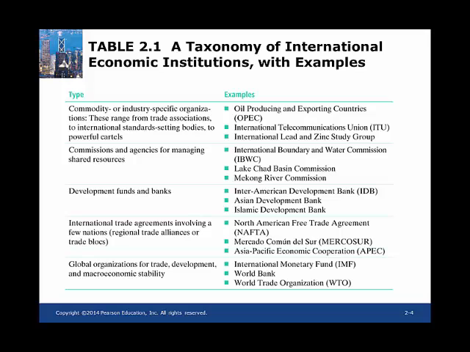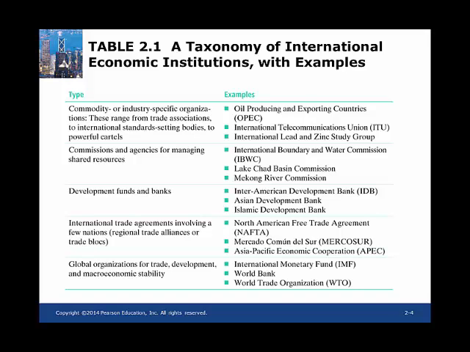Second type of institution is commissions and agencies for managing shared resources. International Boundary and Water Commission, Lake Chad Basin Commission, Mekong River Commission. Third type of institution is development funds and banks. Inter-American Development Bank, Asian Development Bank, Islamic Development Bank.